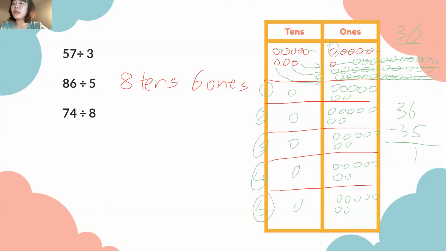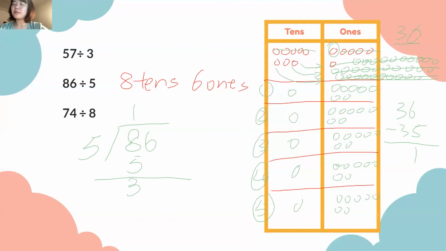So let's put down the standard algorithm. 86 divided by 5. We put 1 for the quotient, because we can only put 1 ten in each group. 5 and 8 minus 5 is 3.